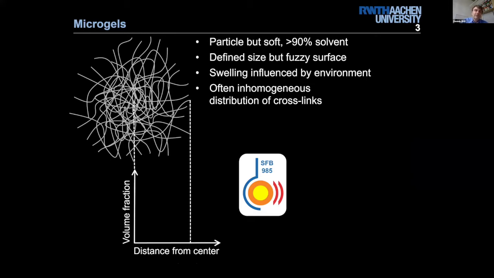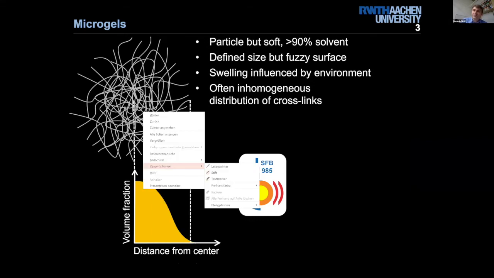What is also interesting is that the density of the gel is not uniform. You have denser regions in the middle, and outside it gets more sparse. This is the profile which we have.